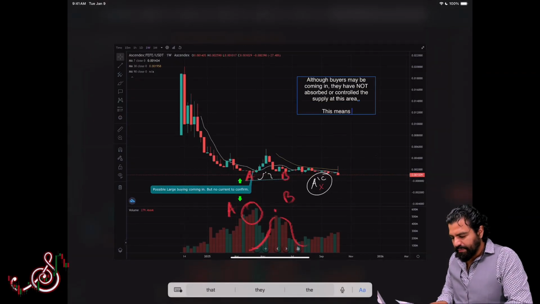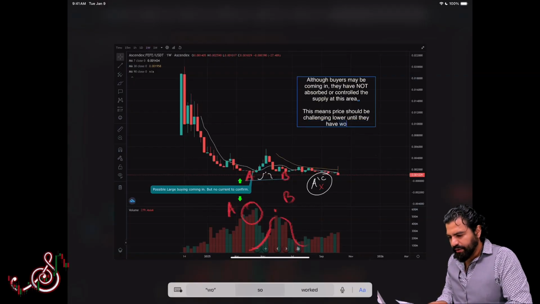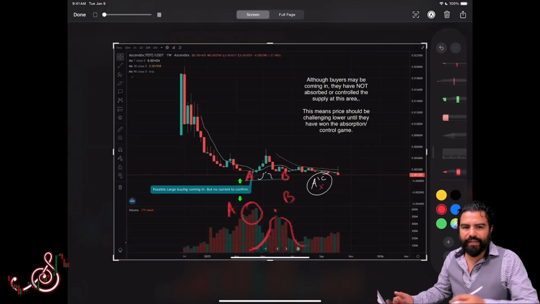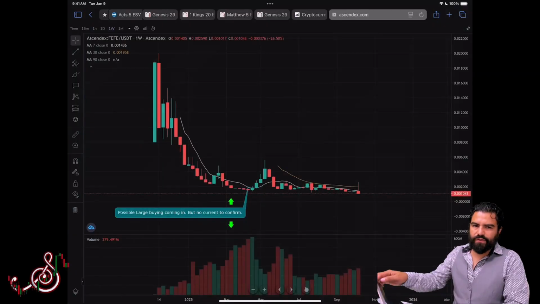This means price should be challenging lower until they have won the absorption/control game. Okay, that's a simple way to put the laws of supply and demand in volume.